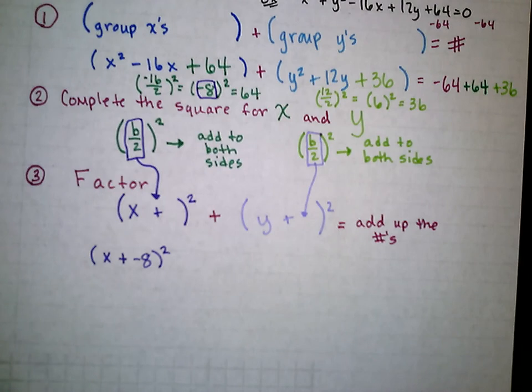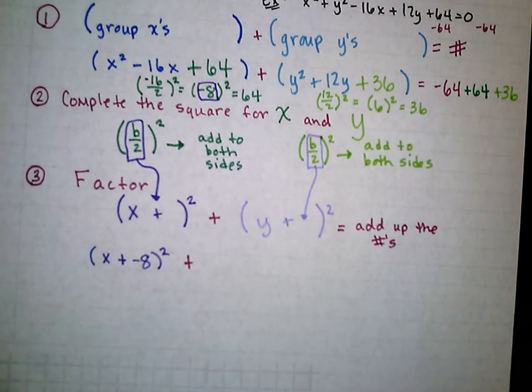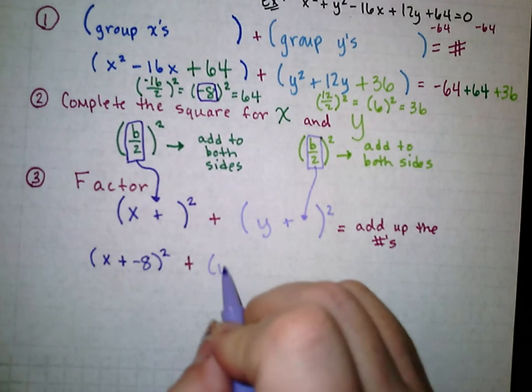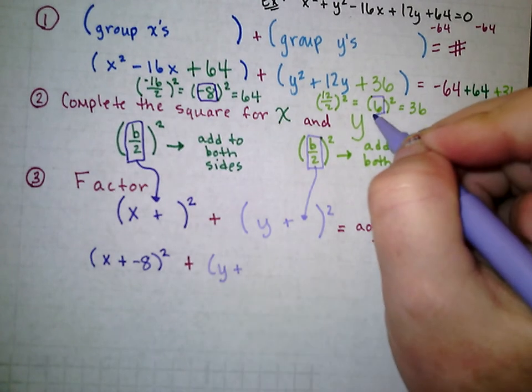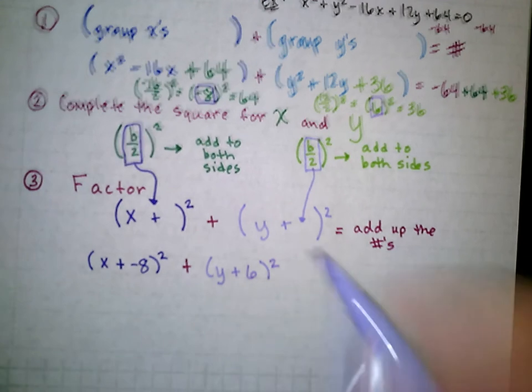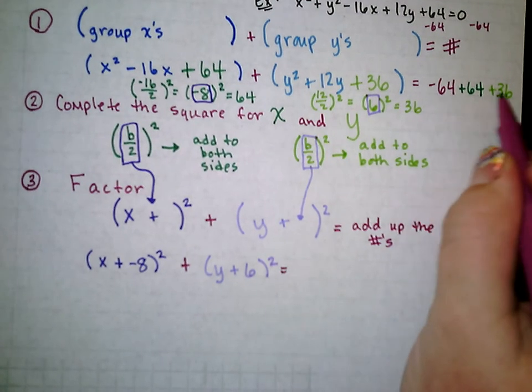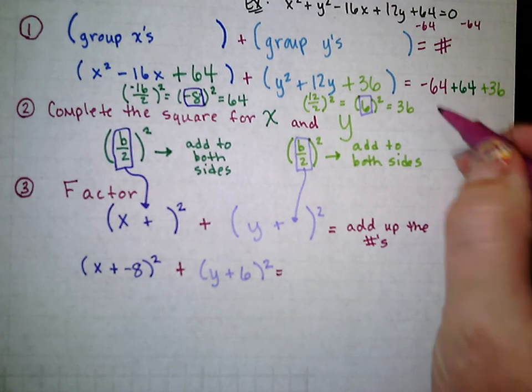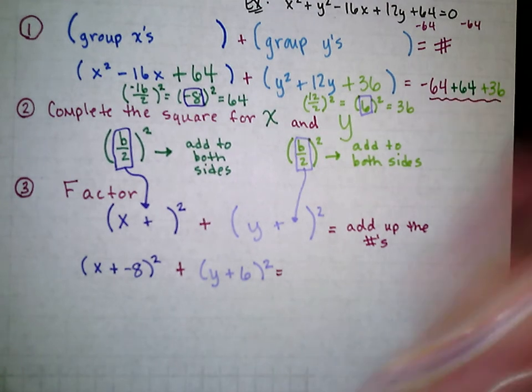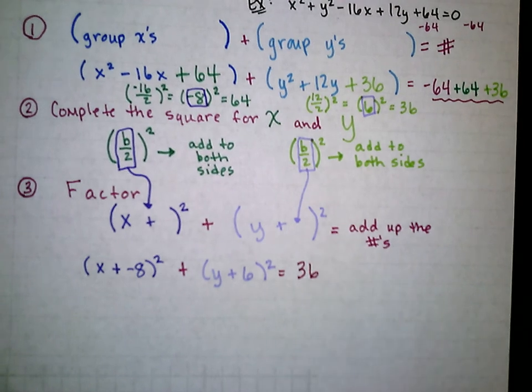And then we do the same thing for y: y plus this number here, 6 squared, equals, add those numbers, negative 64 plus 64 adds up to 0, plus 36 will be 36. And then I'm just going to rewrite that, and that's going to be my answer for completing the square to get the equation of the circle.